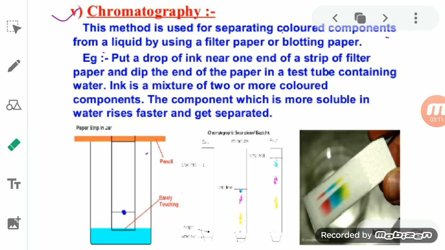Both of the components are soluble in the same solvent, but the condition for using the chromatography technique is that the components mixed with the solvent must have different solubility. So if the components present in it have different solubility, then we can use the chromatography technique.